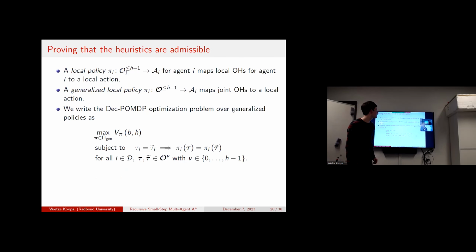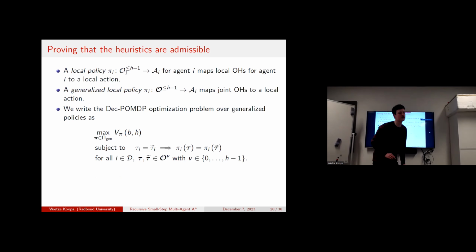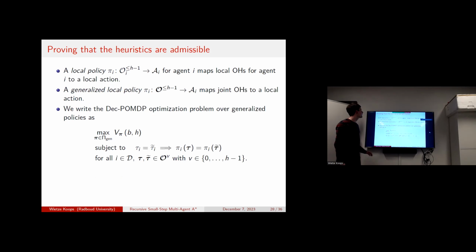Then we can talk a little bit more about the heuristics. Let's close this so we can see the slide. A local policy, something that the agents can actually use, maps sequences of observations of length at most h-1 to local actions for agent i.